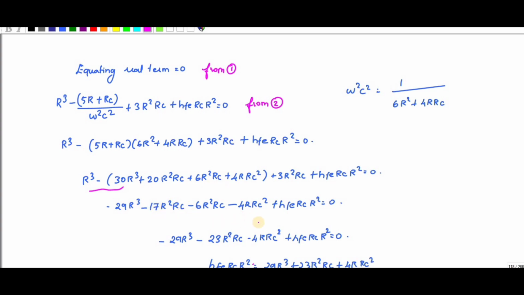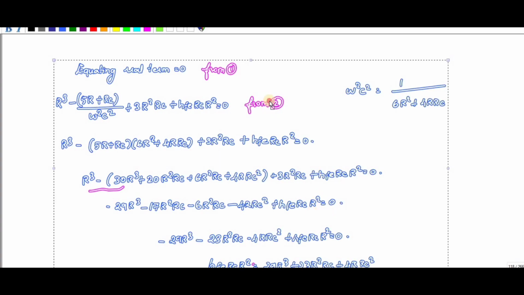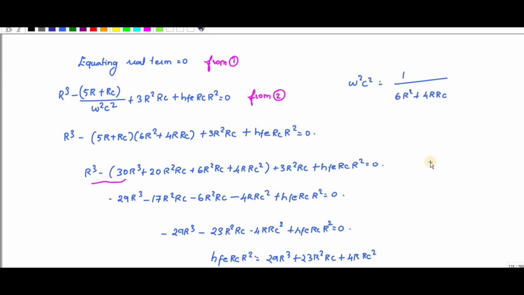Okay. So if I solve this problem, I will get HFE RC R square is equal to 29 R cube plus 23 R square RC plus 4 RC square.